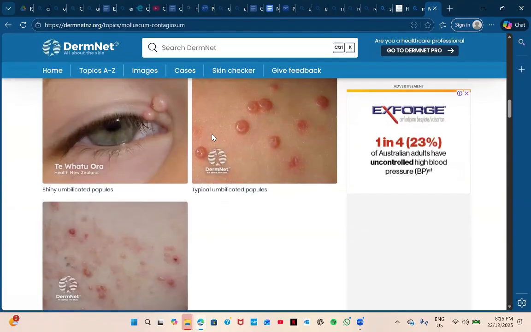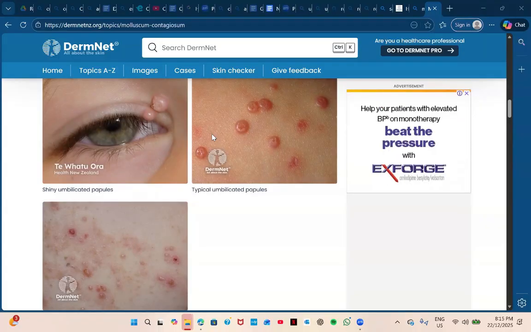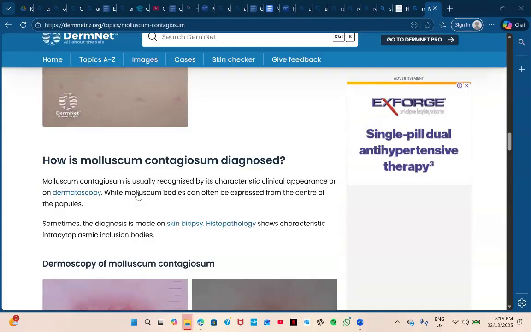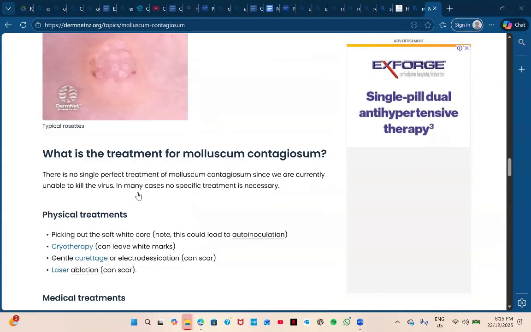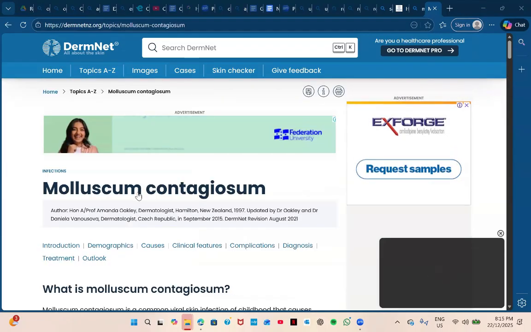So what is the treatment for this? Tell me the treatment and school exclusion criteria for molluscum contagiosum. You should know. Type in the chat.